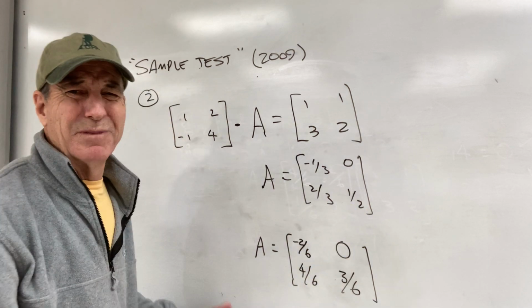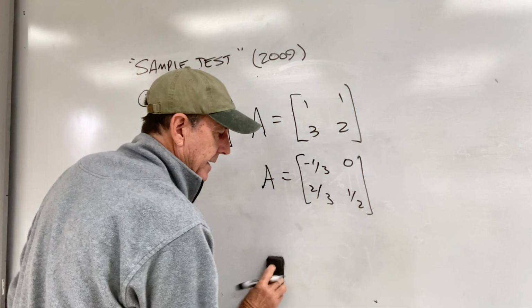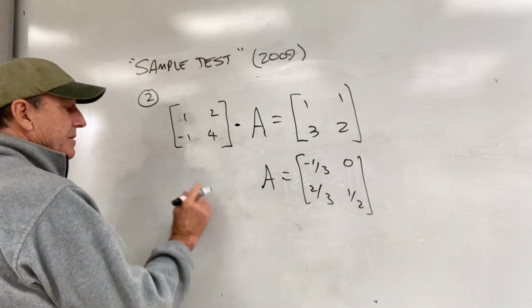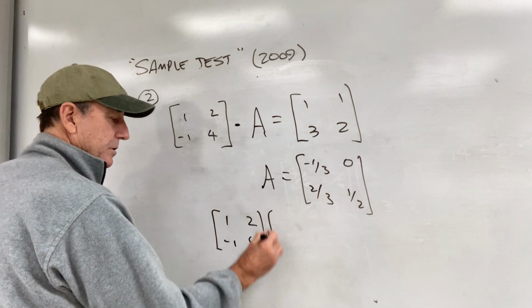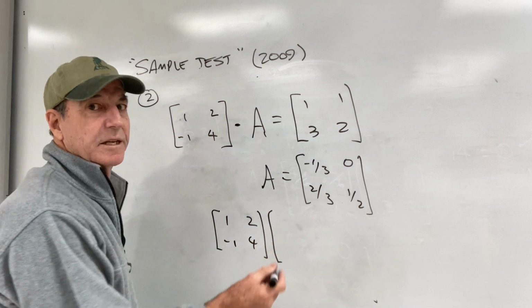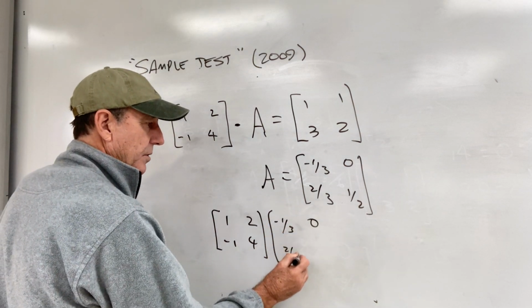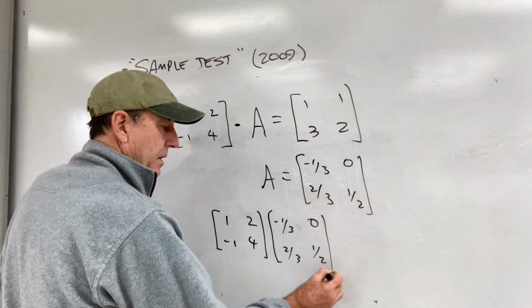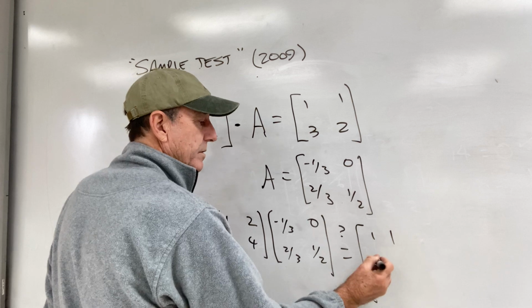If I had time on a test, I might want to check this just to make sure it works. So the claim is that if I have this original matrix, 1, 2, -1, 4, and I multiply it times A, this is plugging it back in like we would in checking a linear equation, -1/3, 0, 2/3, and 1/2, we're supposed to get 1, 1, 3, 2.